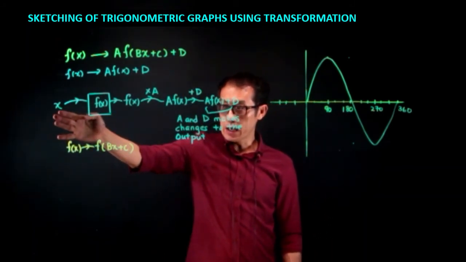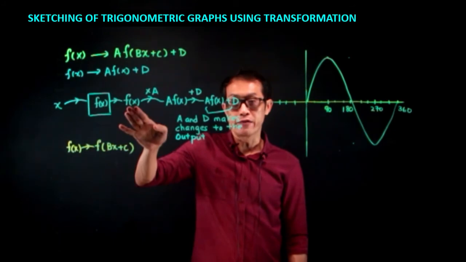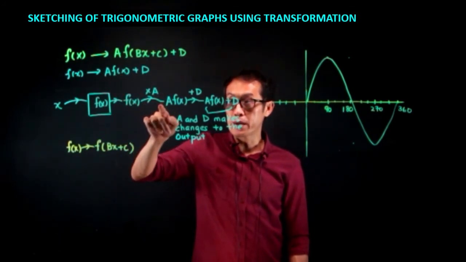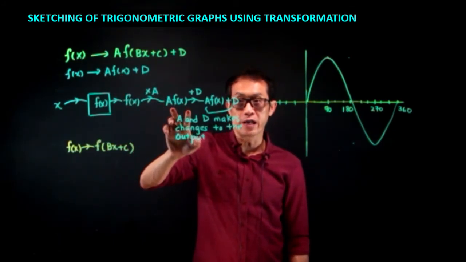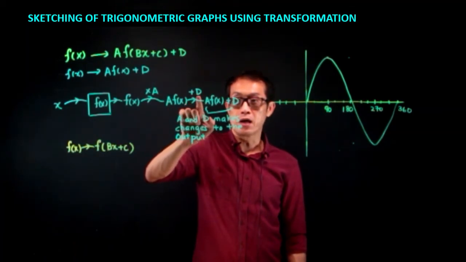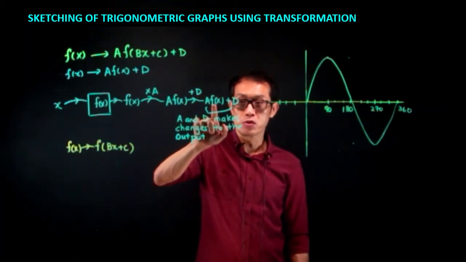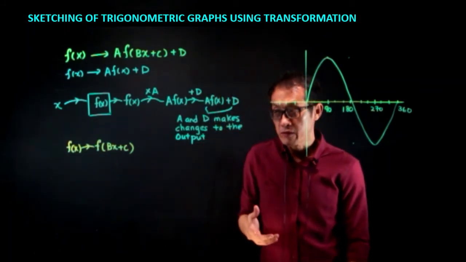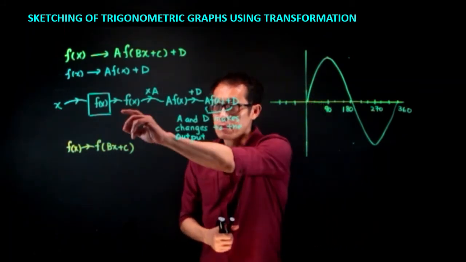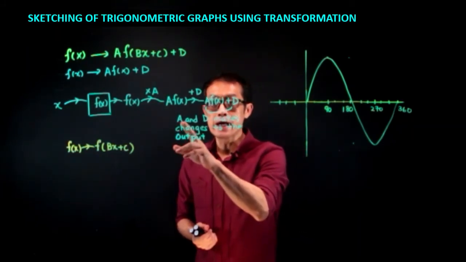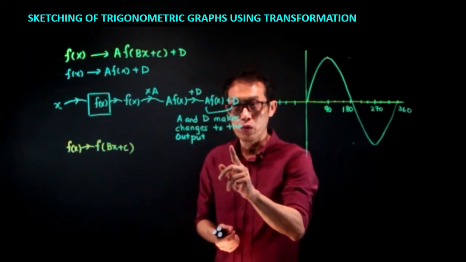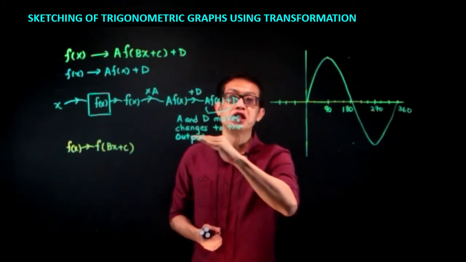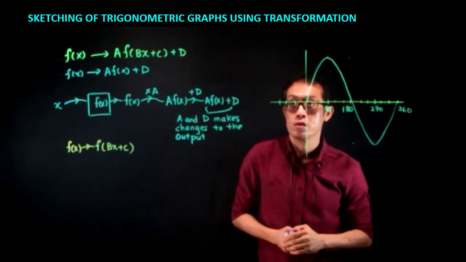You put x into the function, you get f of x, then you multiply it by a, you get a f of x, and then you add d to the output, so you get a f of x plus d. Please take note that A and D make changes to the output.